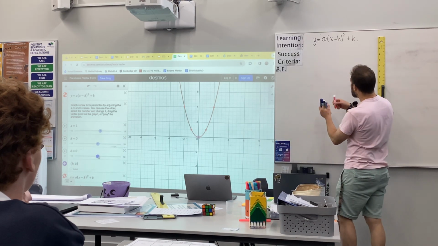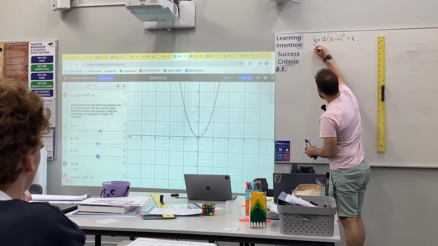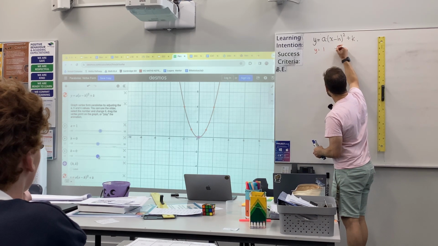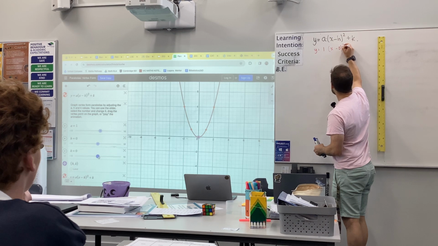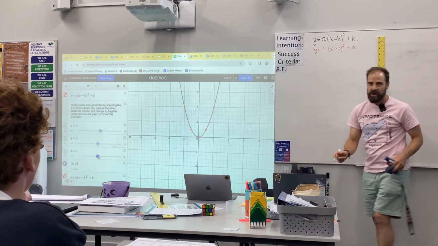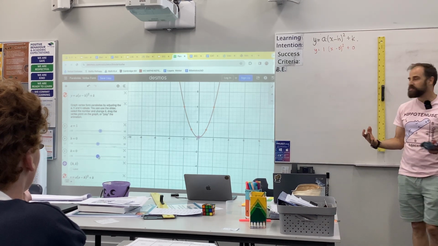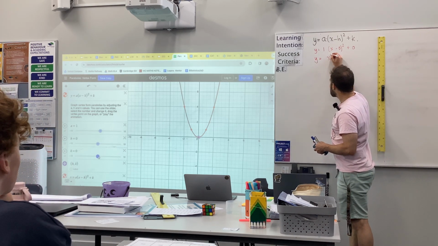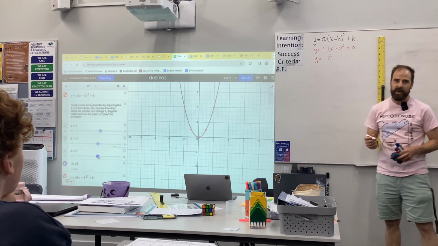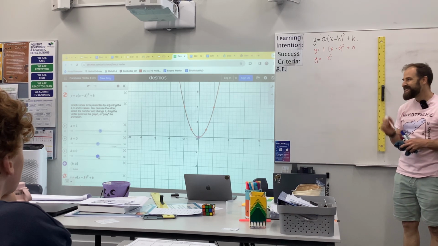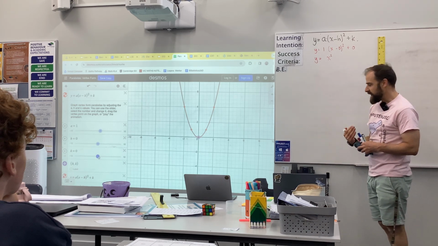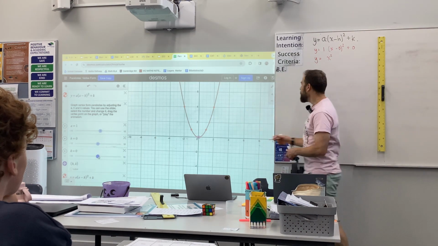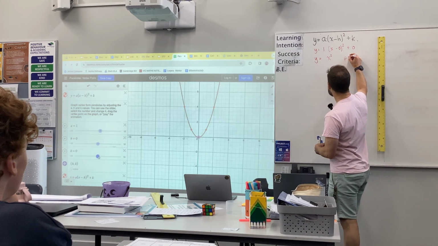So when I do that in the equation, all I end up with is the equation y equals x squared. That is my basic graph. This one right here is what we call a parabola. Okay, it's the graph of y equals x squared.